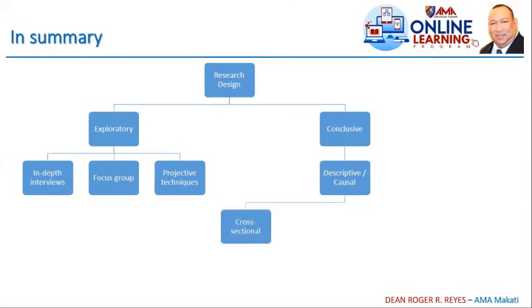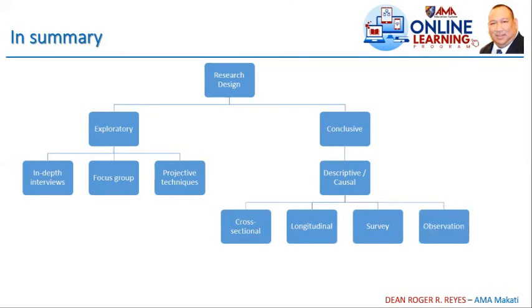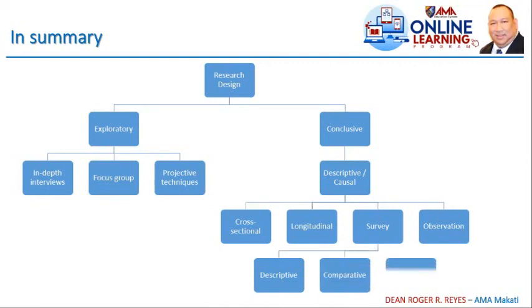It could be descriptive cross-sectional, descriptive longitudinal, a survey, and observation. Yan. So for survey, apat: descriptive, comparative, correlational, and evaluative.